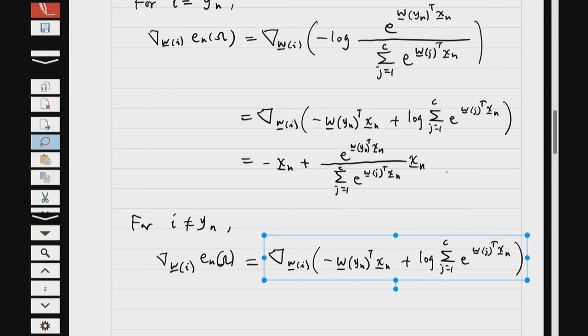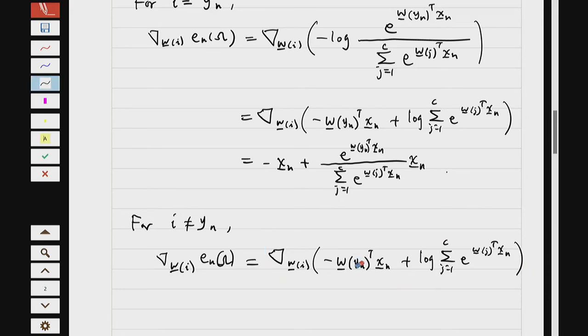Except the yn has to change inside. No, I should not say there's no change. There is some change. This yn should be just i now.